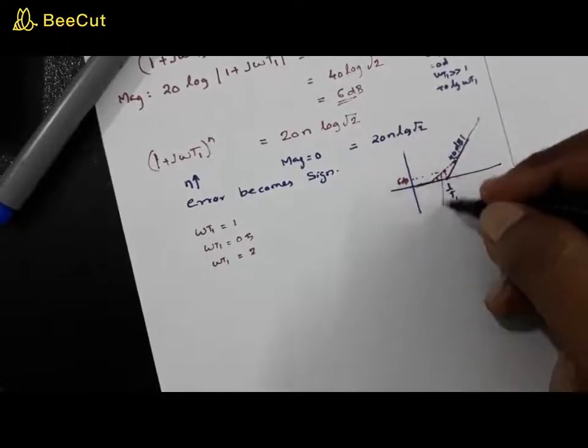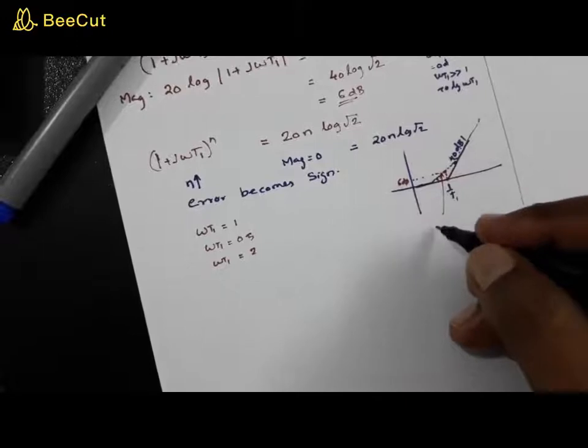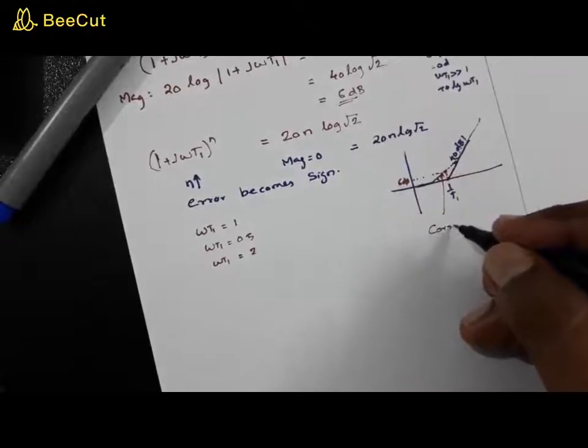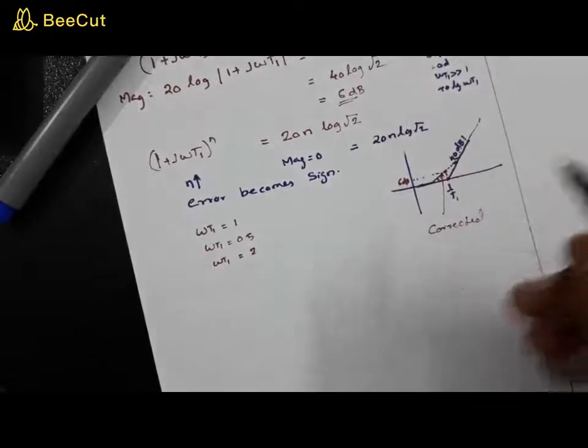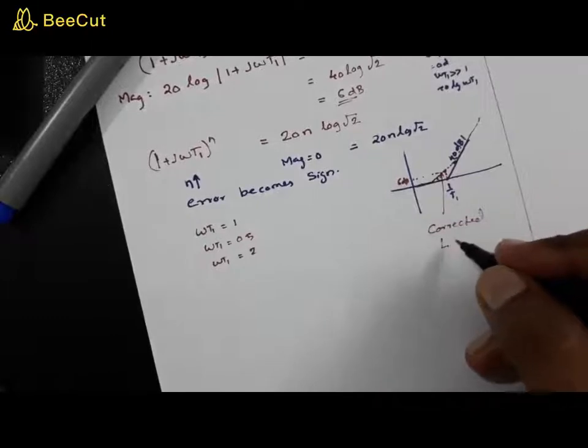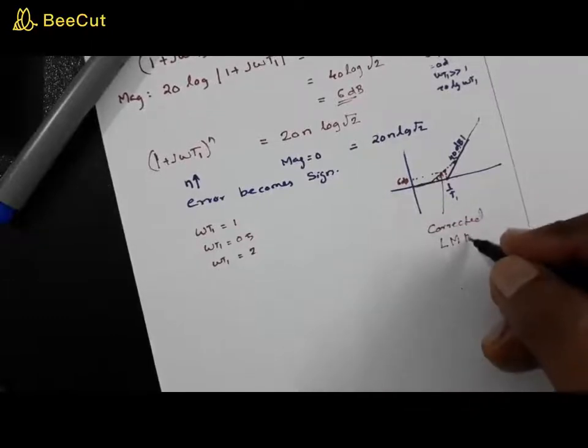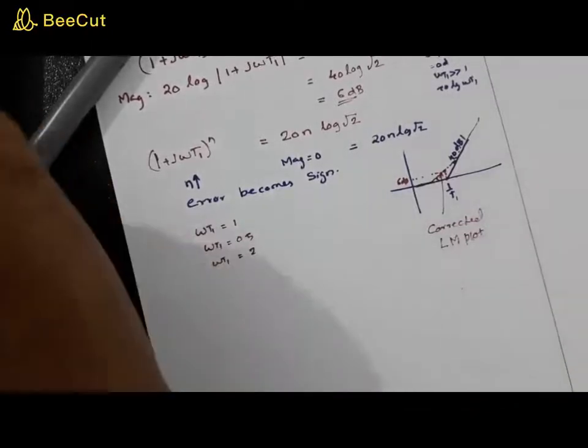This is what is called the corrected LM plot, logarithmic magnitude plot. This plot is called the magnitude plot.